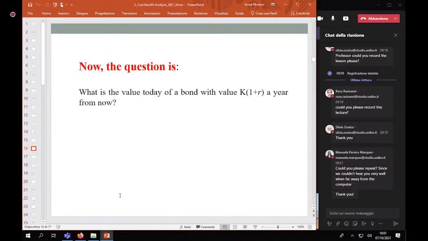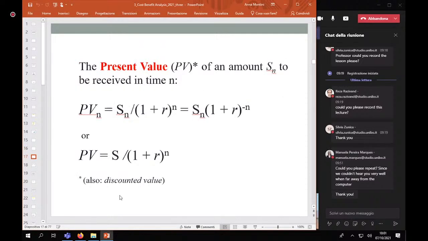What is the value for today? The present value can be calculated with a similar formula to the previous one, but with an opposite rationale behind it.